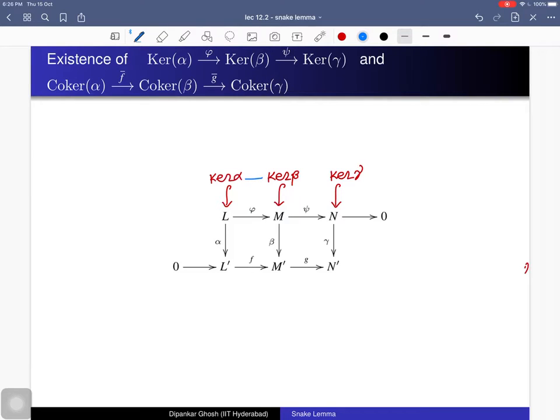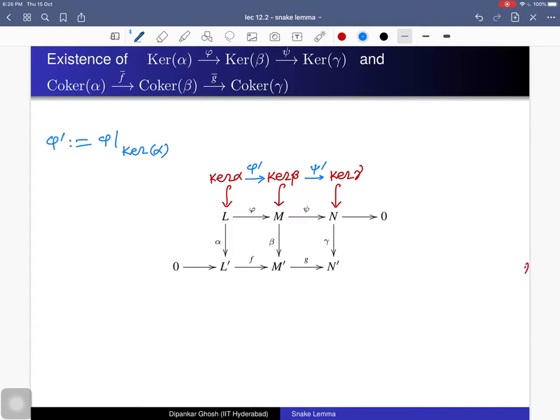Let us say it is phi prime and here it is psi prime, where phi prime we define to be the restriction map of phi on kernel alpha.